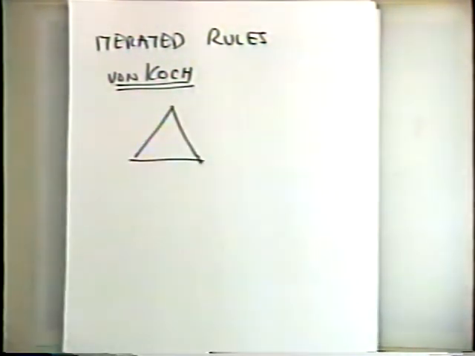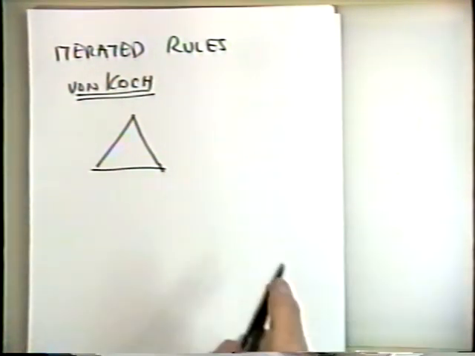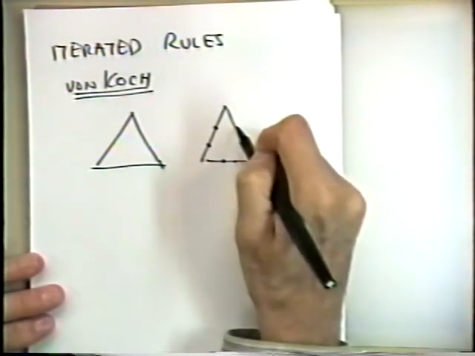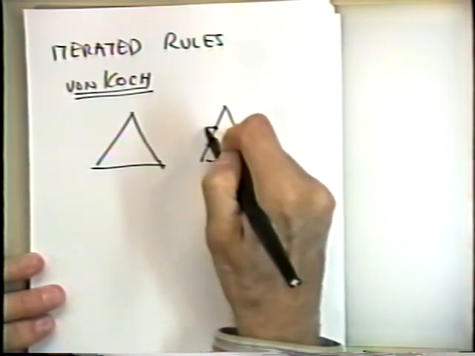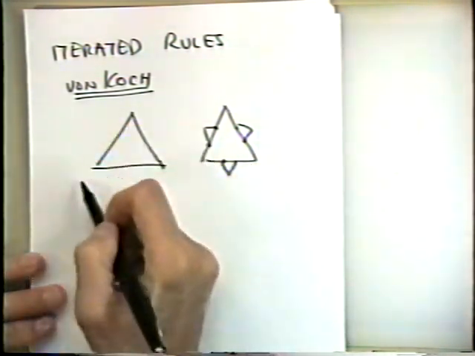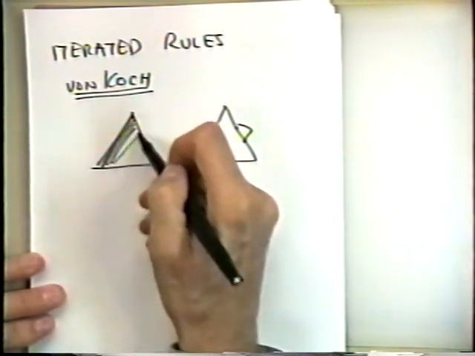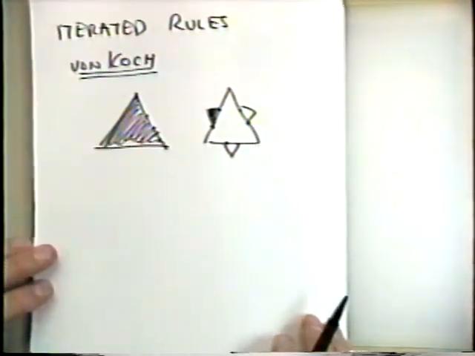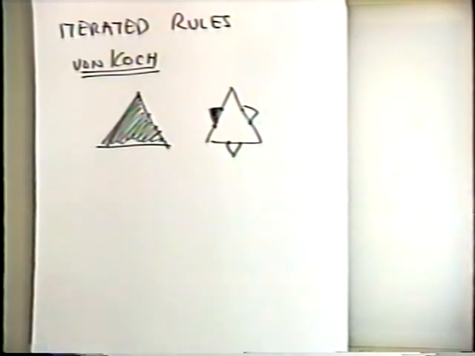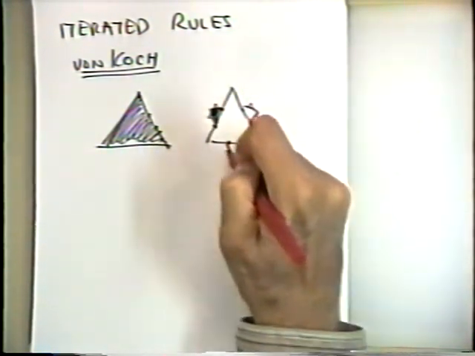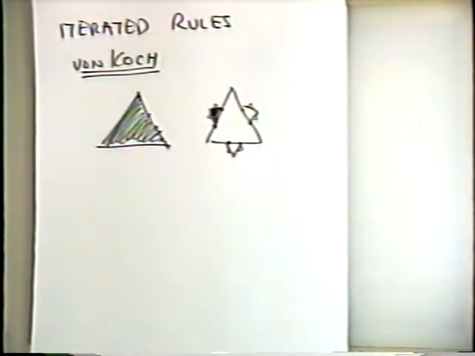The way we construct this curve is we start here with a triangle, and then on each side we divide the sides into 3 and add another little triangle that's self-similar to the original triangle. So each of these little triangles is kind of like a smaller copy of this whole big triangle. And we can keep doing it. So if I do it on this piece, I add another little triangle, and I keep doing this.